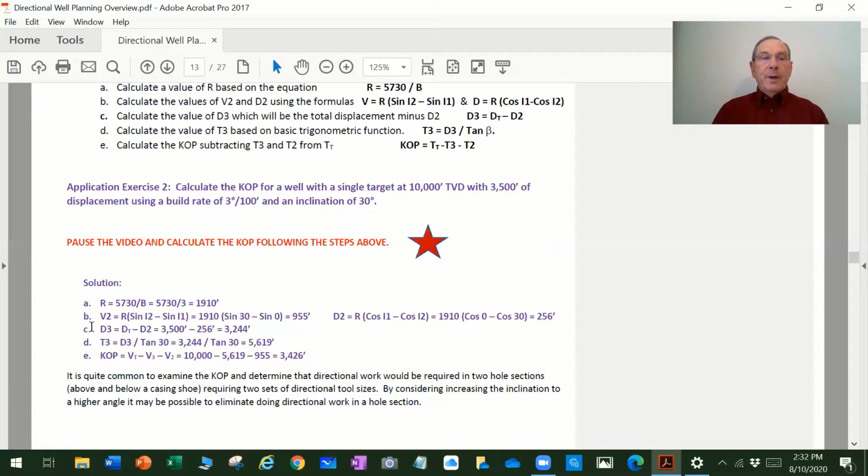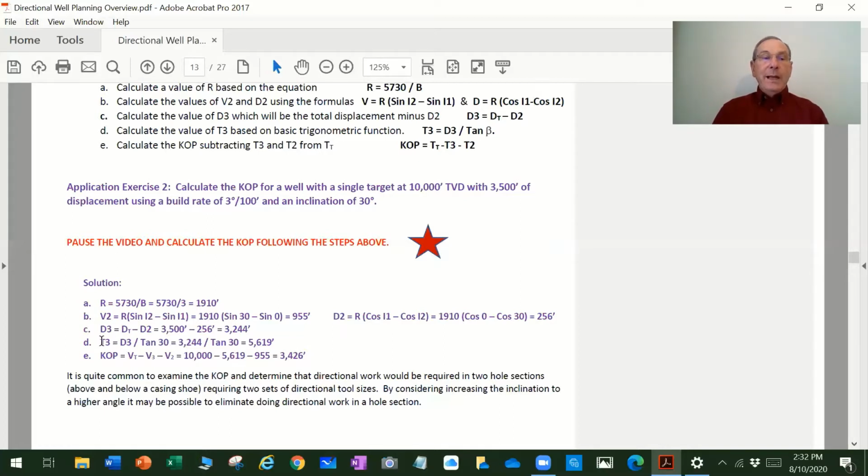Now, step C is to calculate the remaining displacement that we need while we're holding angle. The total displacement is 3,500 feet. We get 256 feet while we are building angle, so we need an additional 3,244 feet while we are holding angle.